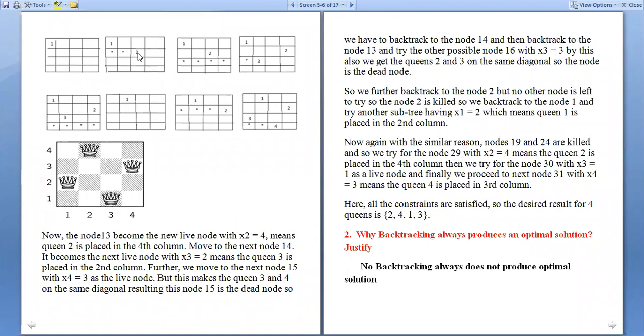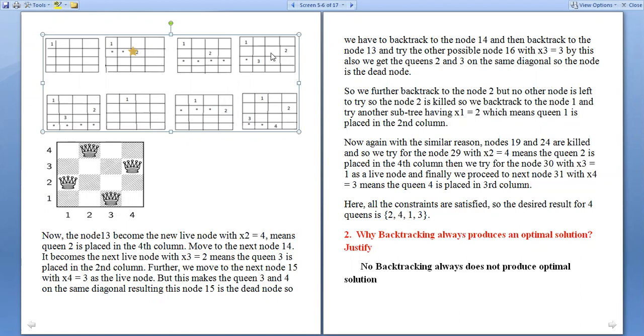So we are placing queen 2 in the third column. Then check here.